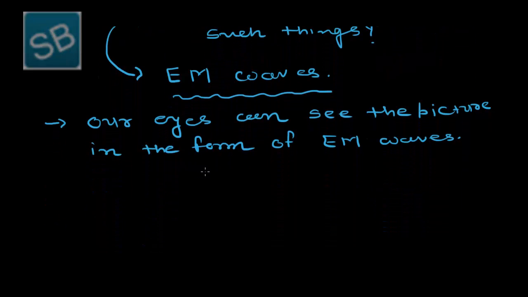Now, the visible radiations which are produced from the sun are coming towards the earth.